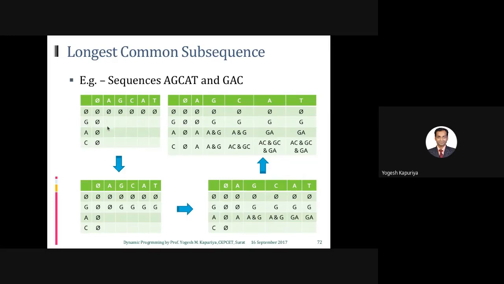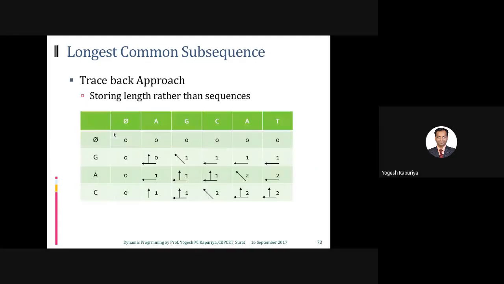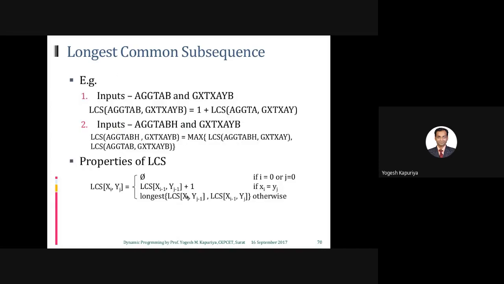So then you go ahead. Because they do not match, you will look at this equation. When they do not match, what are you doing? LCS of Xi and Yj minus 1. So consider this as a row and this as a column. So what are you doing?